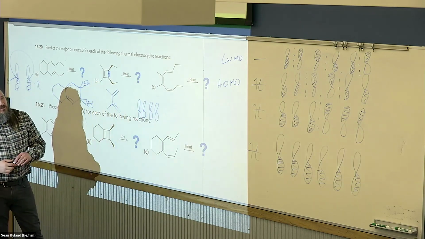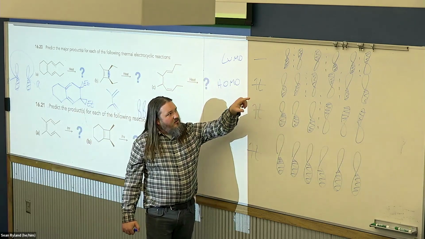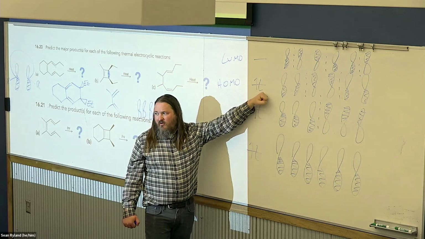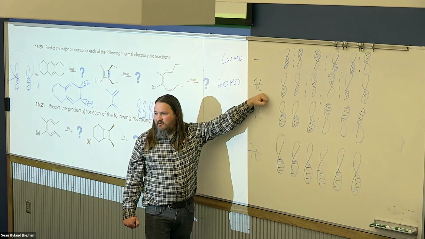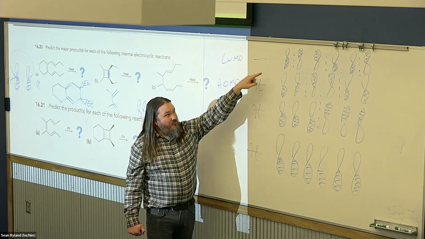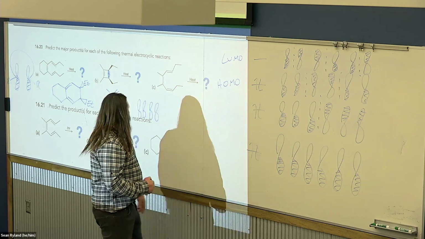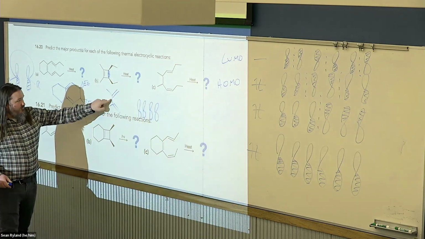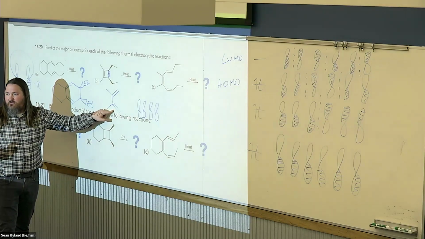And so the other connection you can make, so you don't have to redo this every time, is your HOMO always has 1 fewer node than the number of pi bonds. And your LUMO has the same number of nodes as pi bonds. In this case, we're trying to make something with 2 pi bonds, which means the HOMO has 1 node.